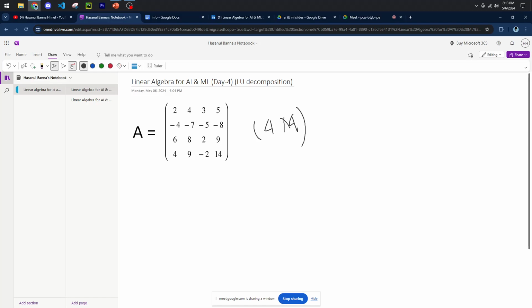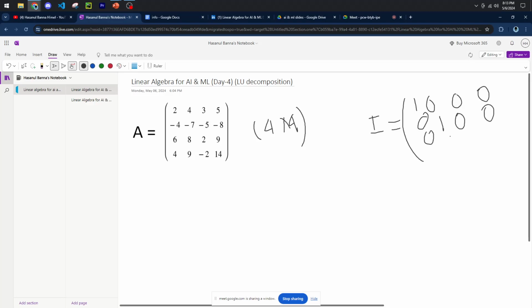Now to do a decomposition we need an identity matrix. We all know what an identity matrix is. In an identity matrix the diagonal is only 1 and the other values are 0. Let's assume the identity matrix as I. The identity matrix will be 1 0 0 0, 0 1 0 0, 0 0 1 0, and 0 0 0 1.